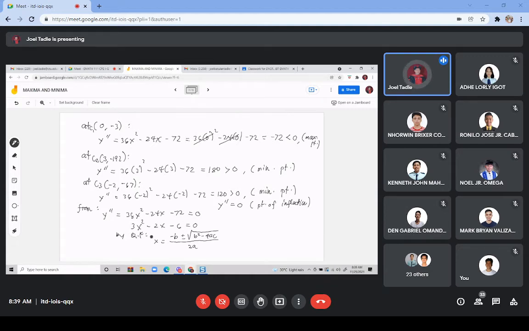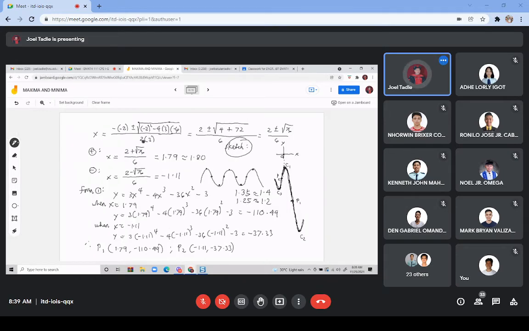Then atong sulbaron ang value sa x by quadratic formula para ma-determine nato ang point of inflection. So here we have two values of x. Our first value is positive 1.79 or approximately equal to 1.8 using positive sign of the radical symbol.